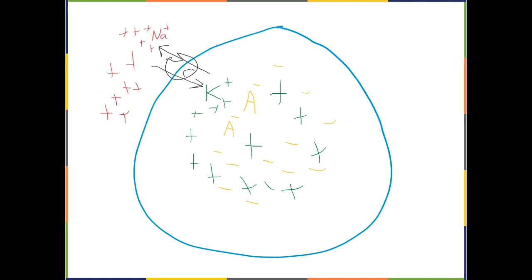And then on the outside of the cell, you'll see when we get to the book's drawing, the most prominent anion, negatively charged ion outside the cell is chloride.